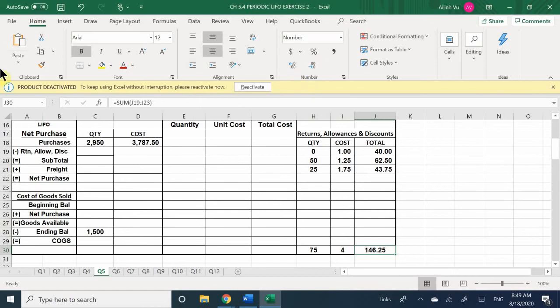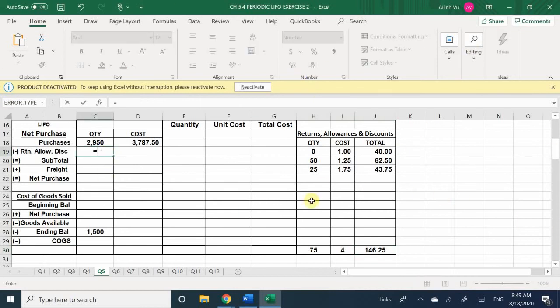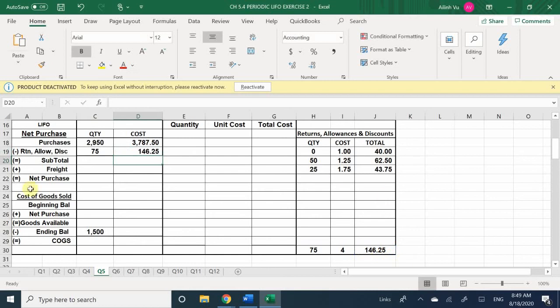Good. So what we're going to do here is cell reference this number. Instead of typing it, we can just cell reference it here because the calculation is there. All right. And now we need to subtract it. So what is 2,950 subtract 75?